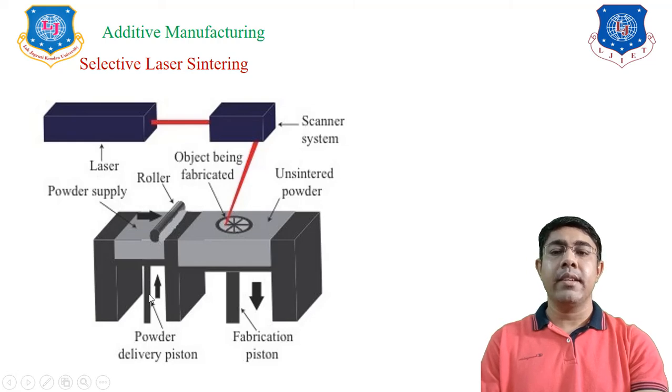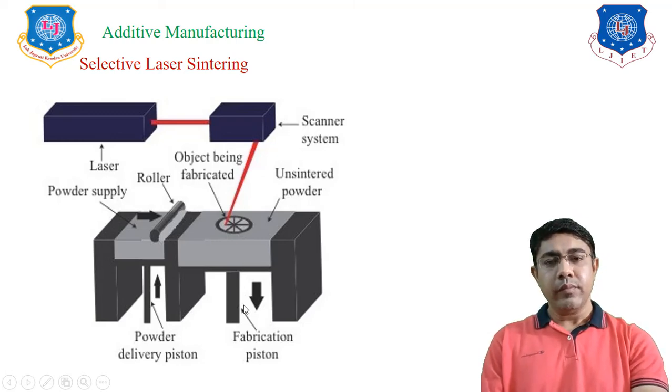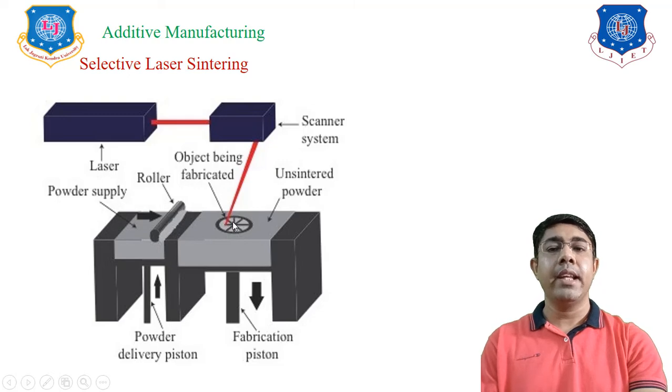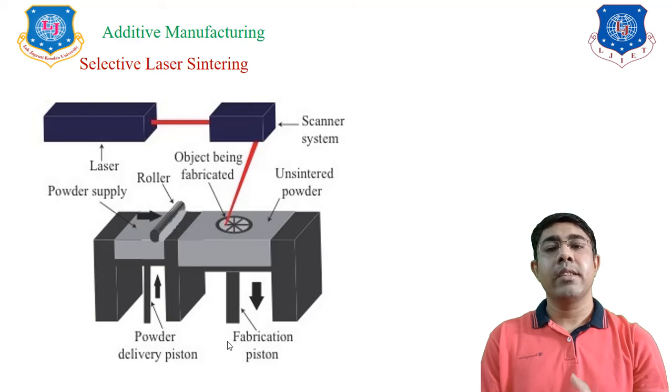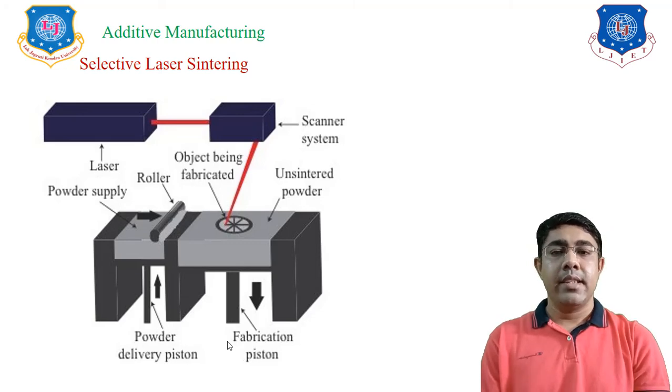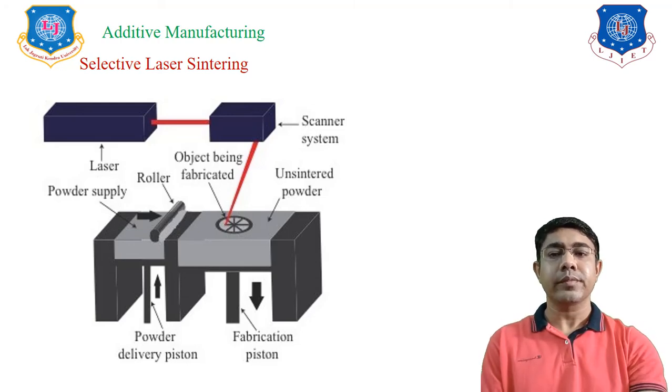In this way the powder system moves up by the layer thickness, the fabrication piston moves down by the layer thickness, and layer by layer the cross sections of the component are manufactured by sintering of powder particles, using a laser. So in selective laser sintering, the laser sinters the powder particles, and the material used to make the component is powder.